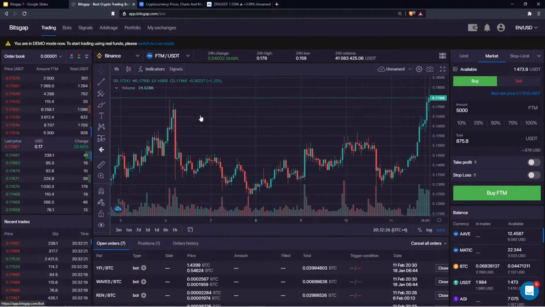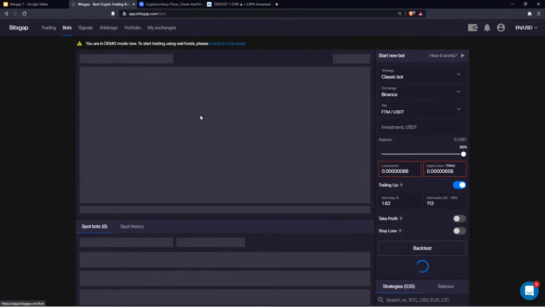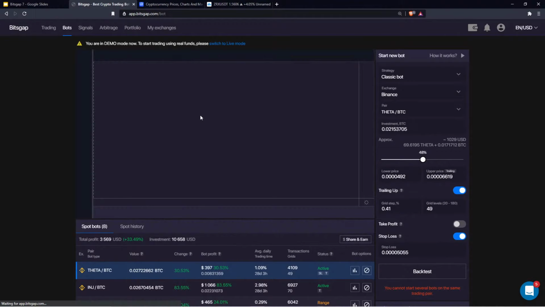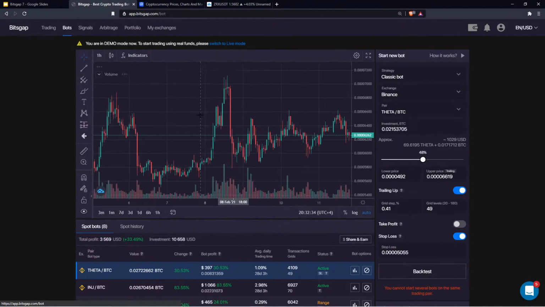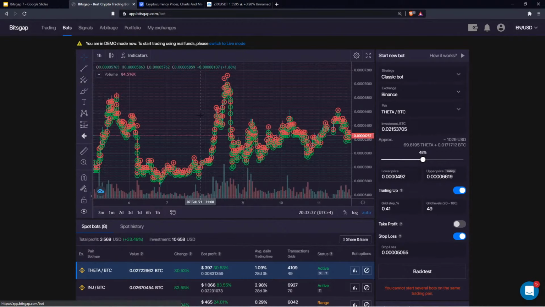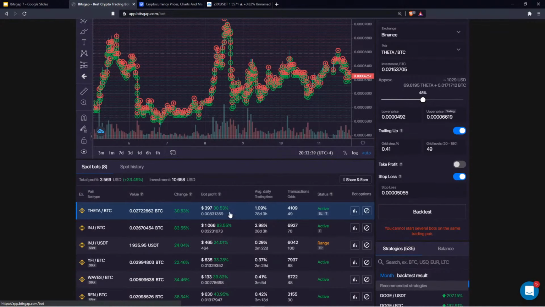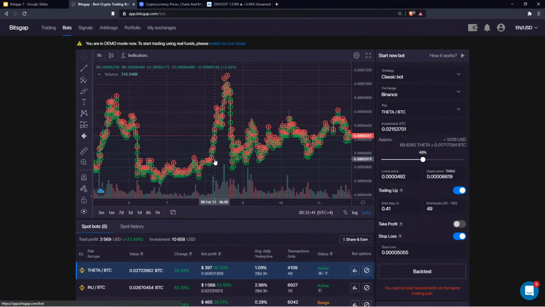So let's go back to bots. Let's see what we have here. There's a question: can you use the bot with Binance futures? And I have the answer for this one.